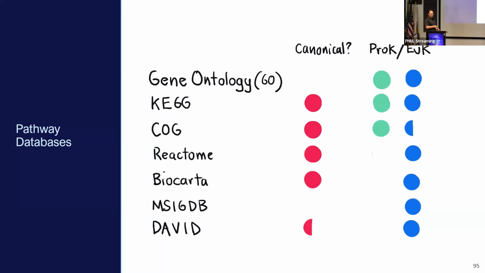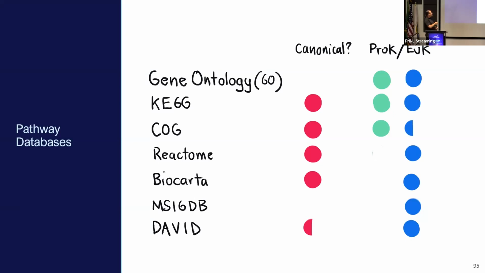It's from the NCI, the National Cancer Institute, so it's heavily focused on human. And then the other one I have here is something I'm calling canonical, which just means, does this database represent things that are kind of distinct units where most of the functionality is incorporated in one thing, and it's not spread, like you don't have multiple things that are all talking about the same function, for instance.